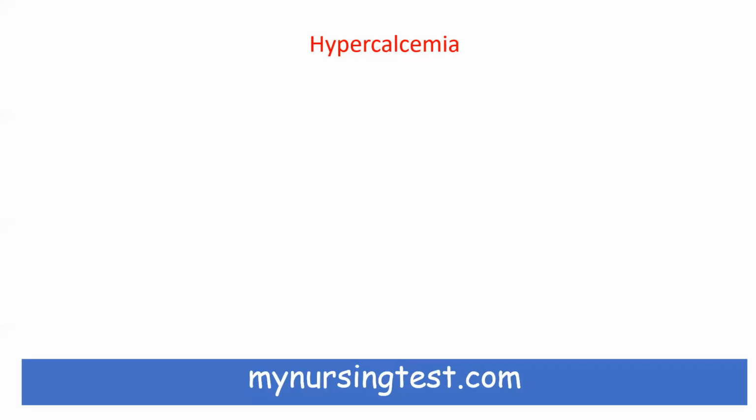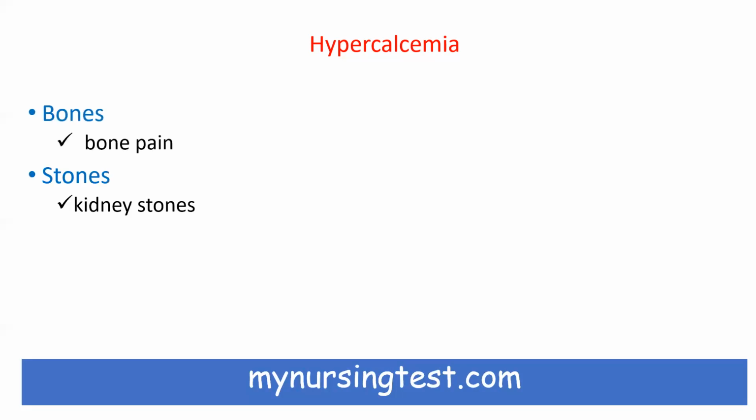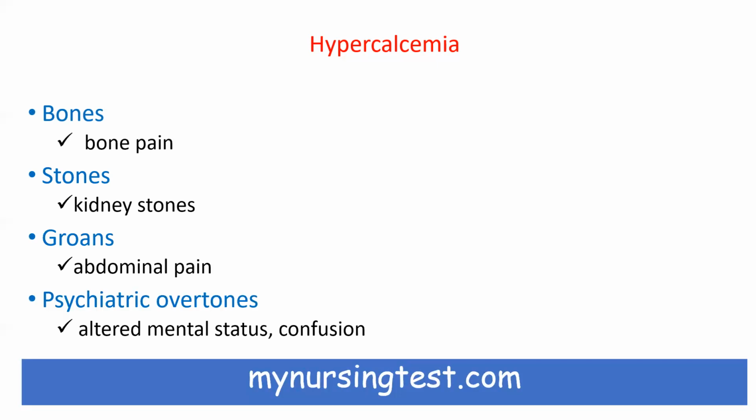All right. So hypercalcemia, I want you to think bones, stones, groans, psychiatric overtones. And those are going to be your signs and symptoms of hypercalcemia. Bone pain, abdominal pain. Your client is going to have kidney stones, and they're going to have confusion, altered mental status.